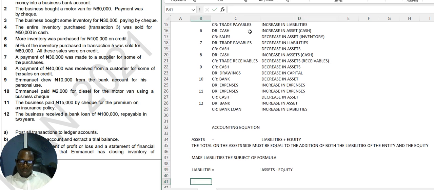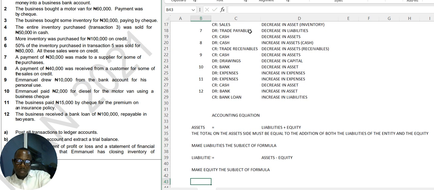You understand it now? All right, let's make equity the subject of the formula, to give you something like this: equity is equal to assets minus liabilities.